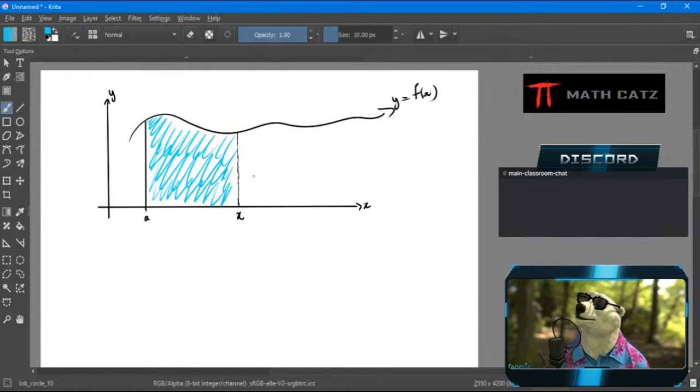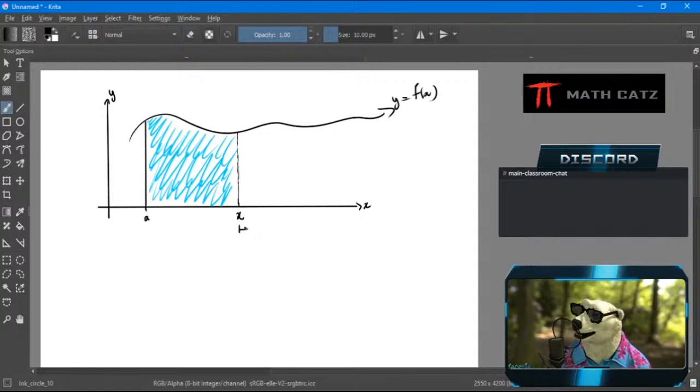Okay, so what I'm going to do now is switch to black, and go a little bit further. Not a whole bunch, just a little bit. Now I'm going to exaggerate it here, but it's really a very tiny step forward from x.